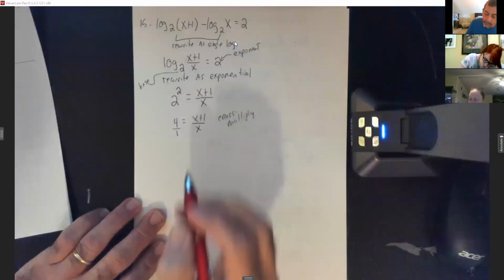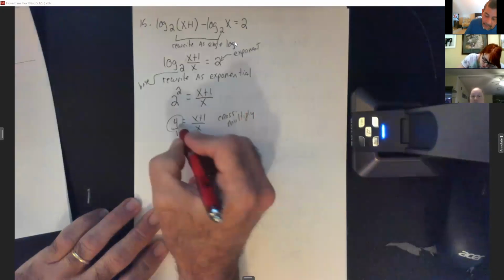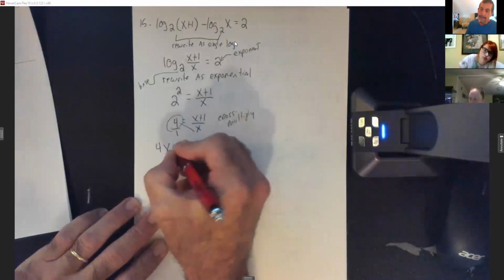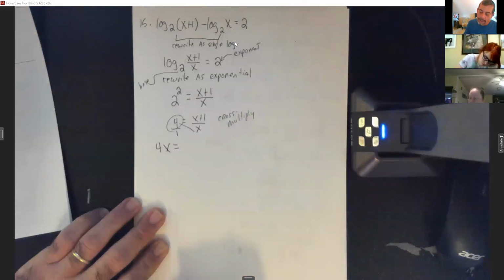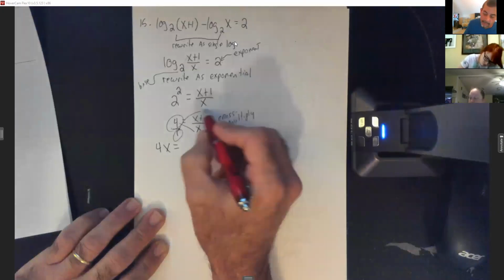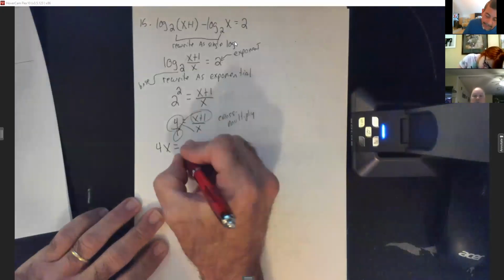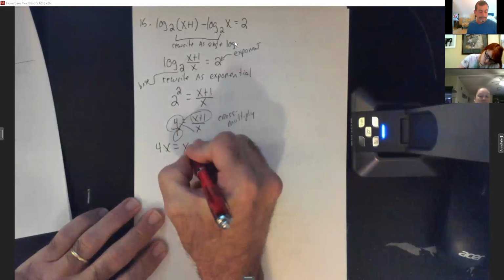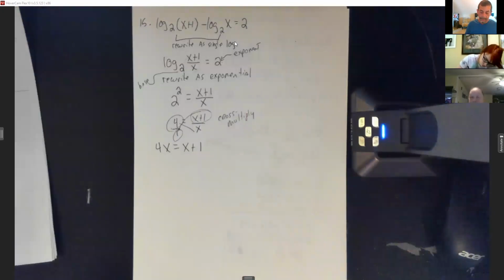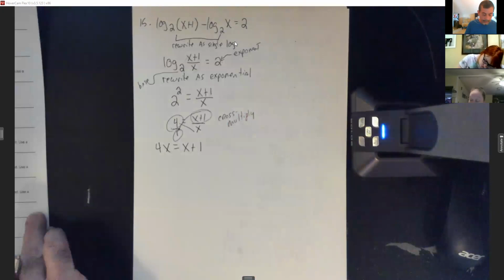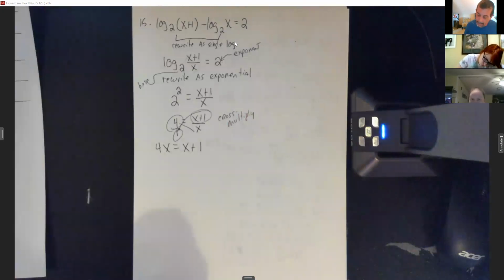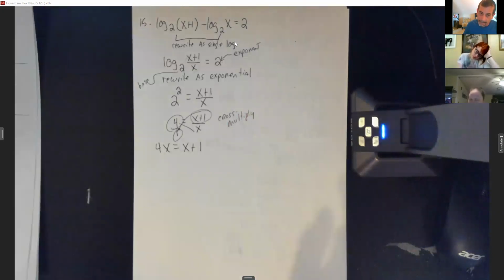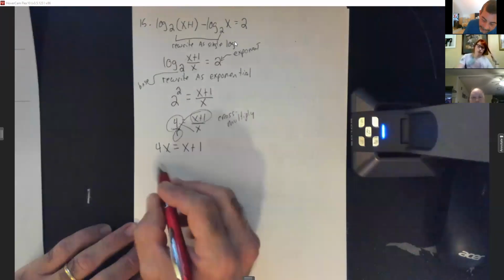So I take this 4 times the x, which gives me 4x. That equals 1 times the x plus 1, which just gives me x plus 1. All right, let me subtract the x and get all the x's on one side.